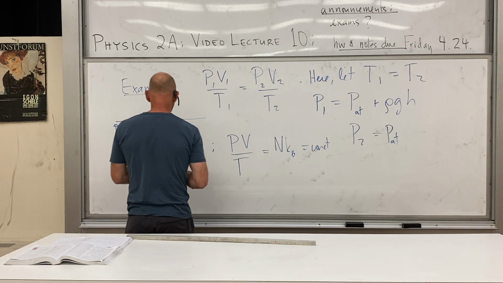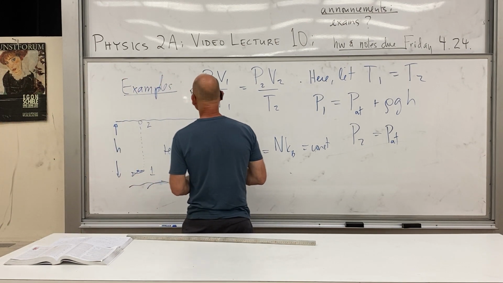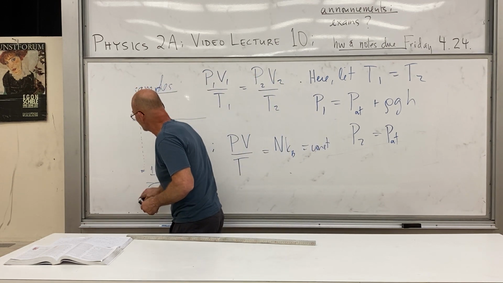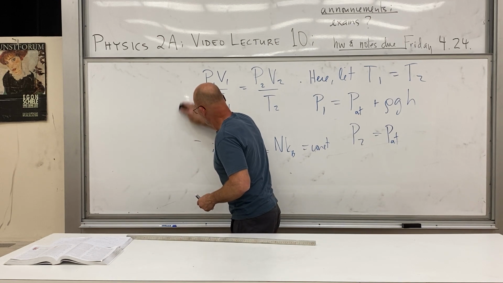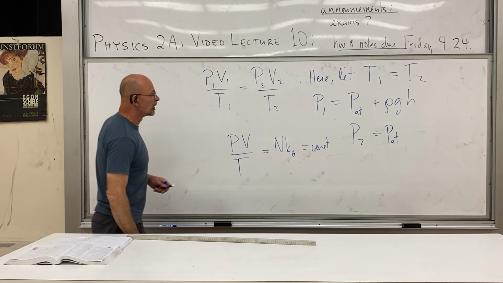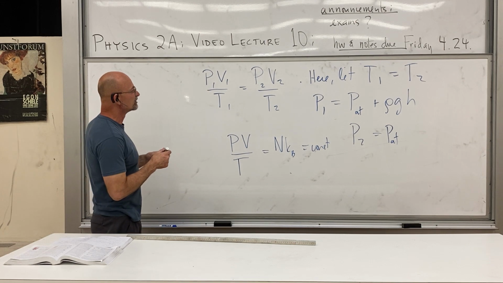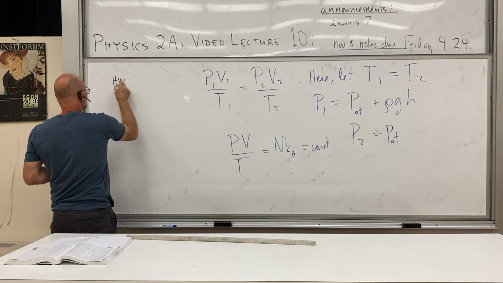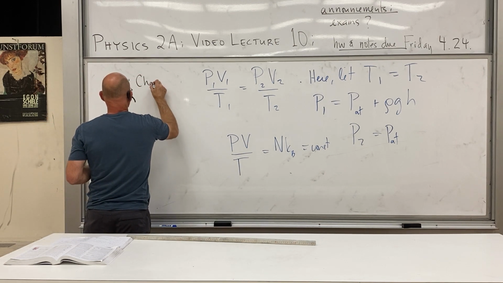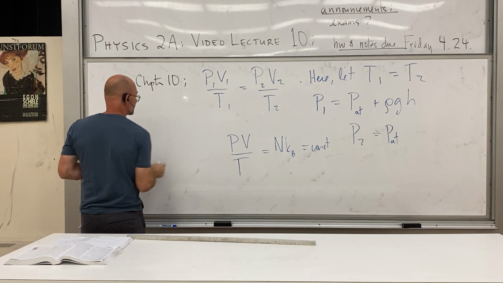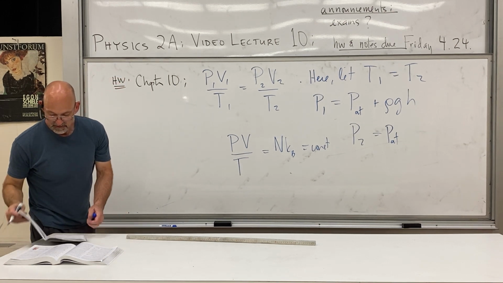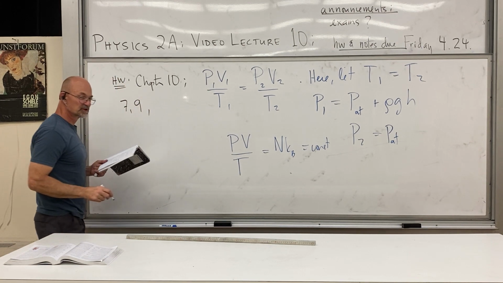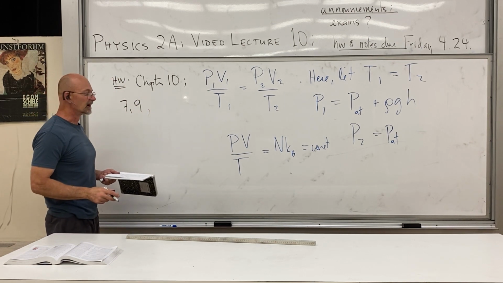Here, let me write our homework down for us and we'll call it a day. You want to either work this into your notes or separately. Friday the 24th is when that's due. So homework, chapter 10: we have 7 and 9, which are just trivial temperature conversions, more just to look at them and see what's going on.